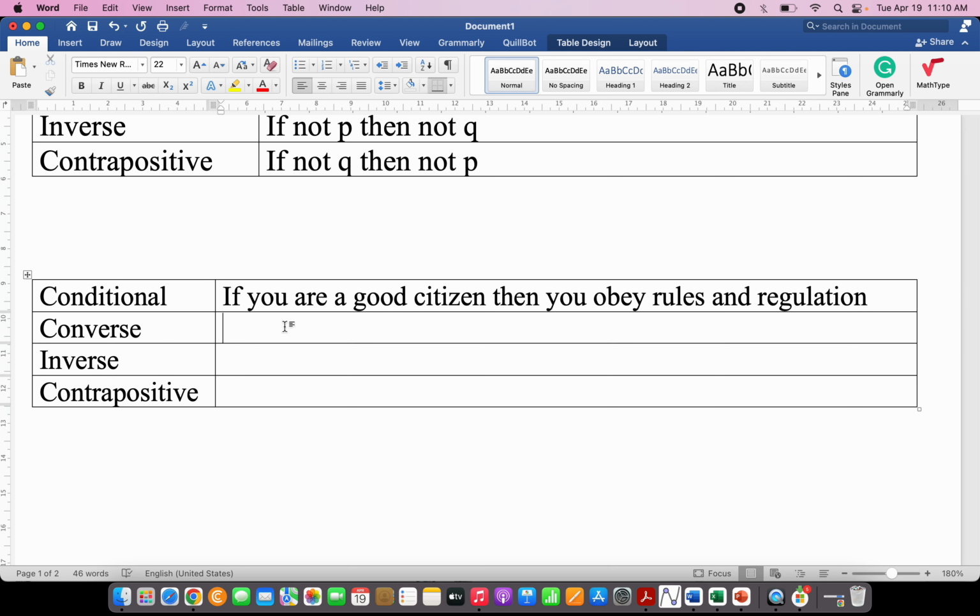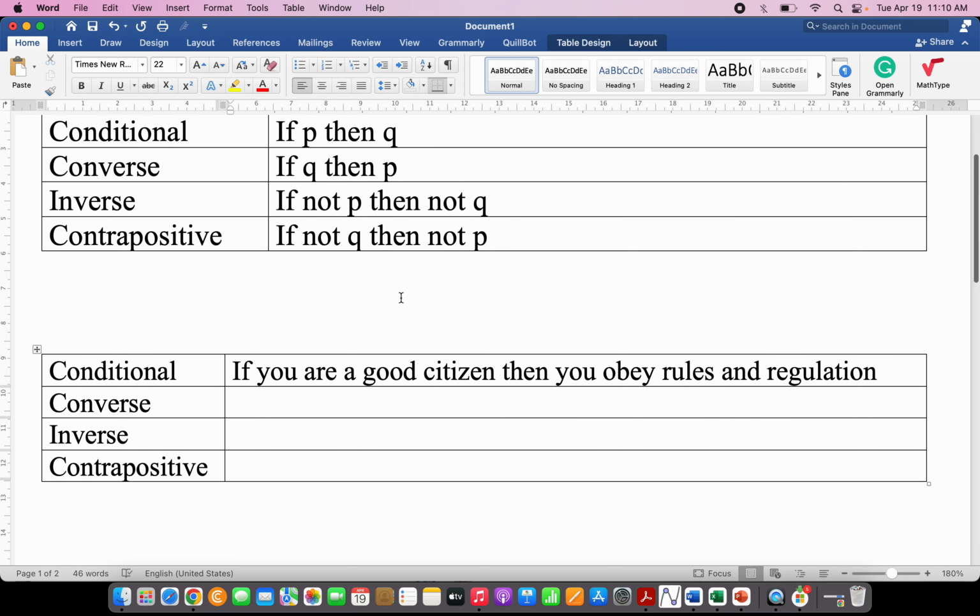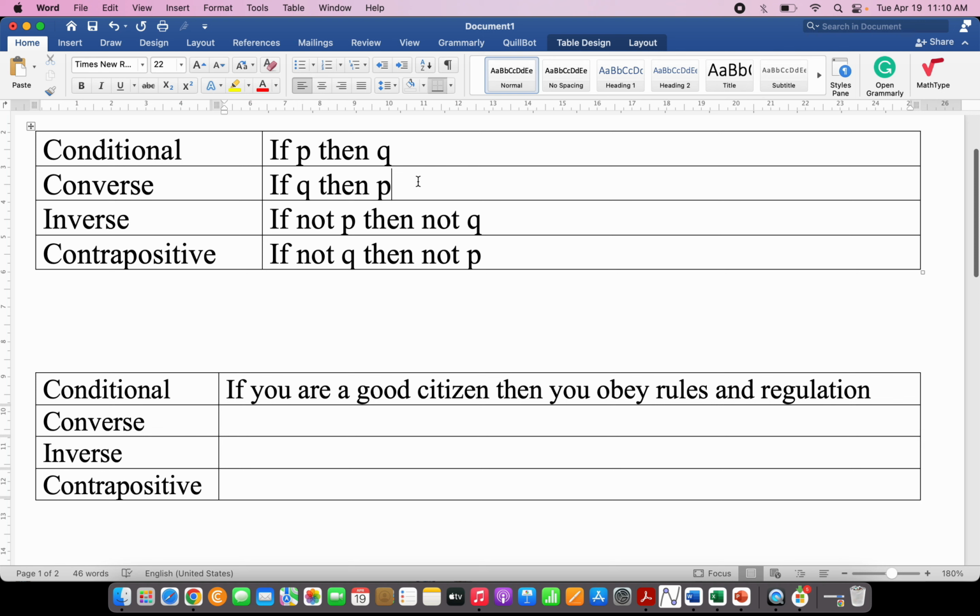Then, the converse statement follows this form. The conclusion becomes the hypothesis, and the hypothesis becomes the conclusion.